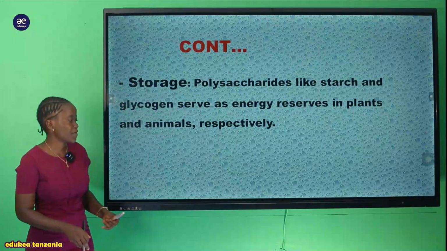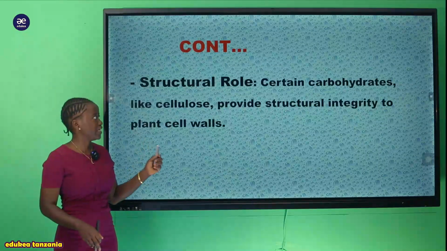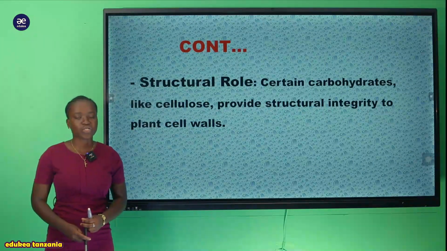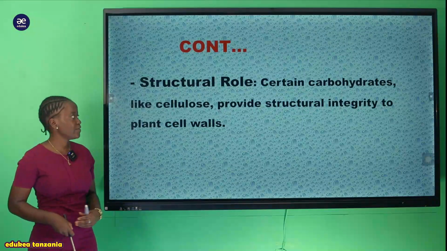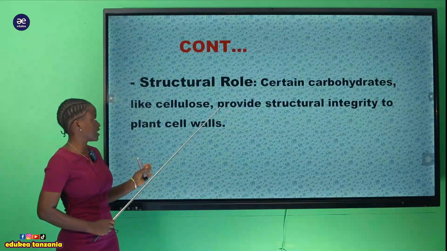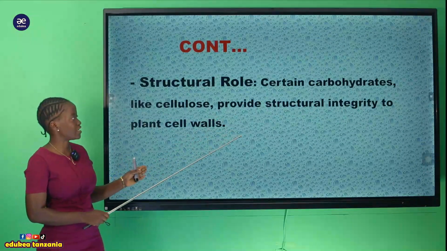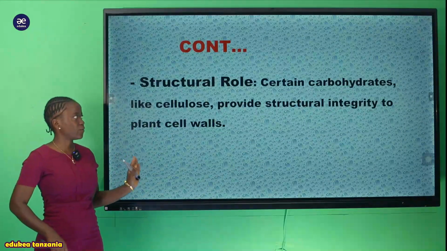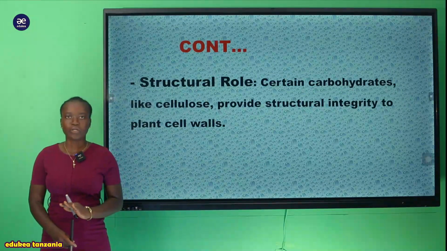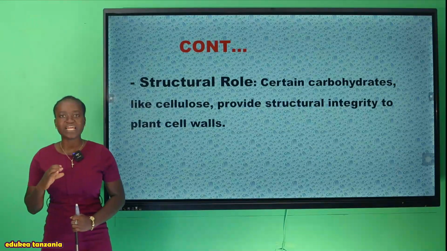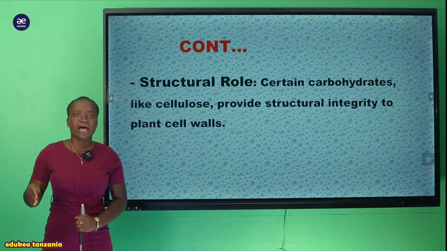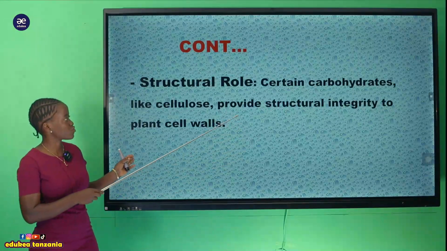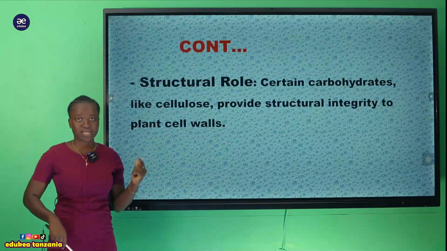We have another property of carbohydrate, and here we can say that it is structural role. Certain carbohydrates like cellulose provide structural integrity to the plant cell wall. Structural role: to preserve or protect the wall of a plant cell. For instance, here I have mentioned the carbohydrate structure called cellulose.